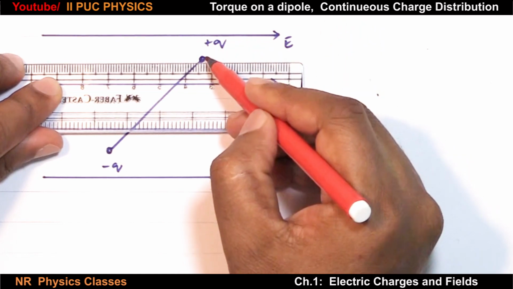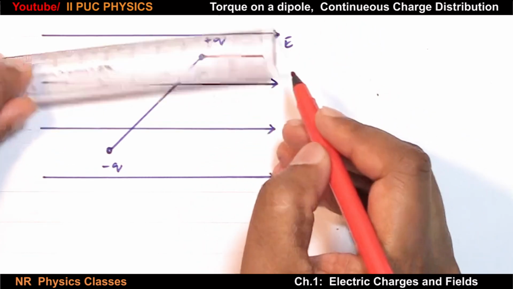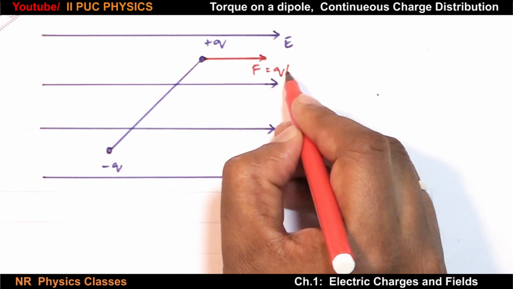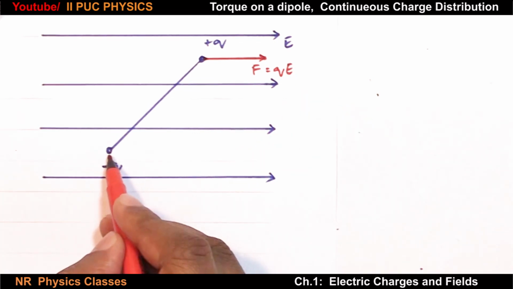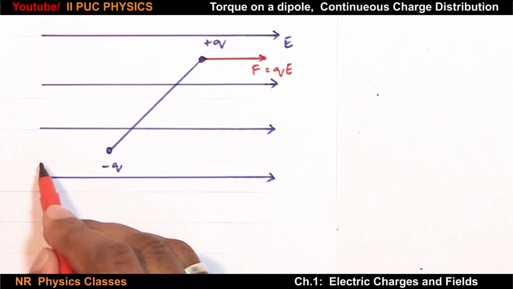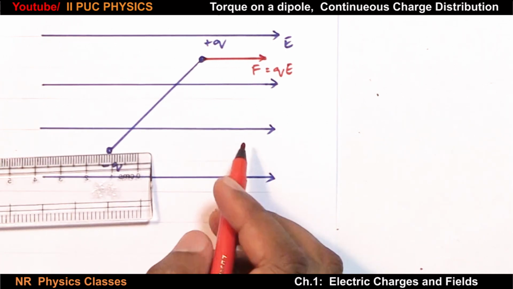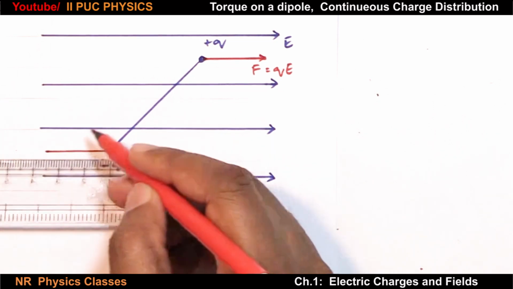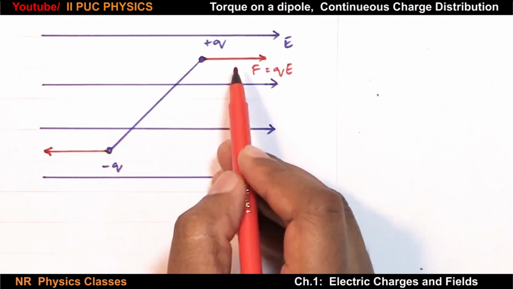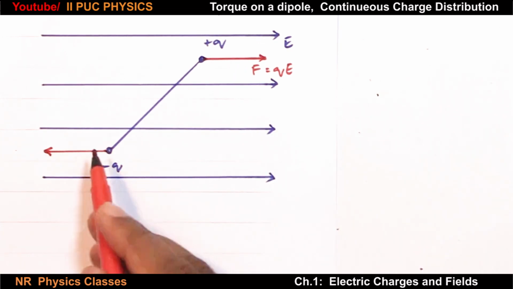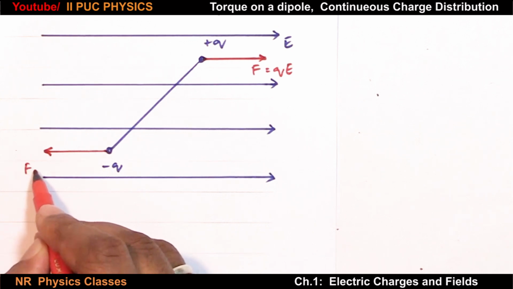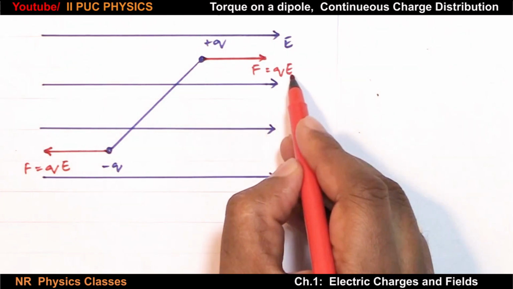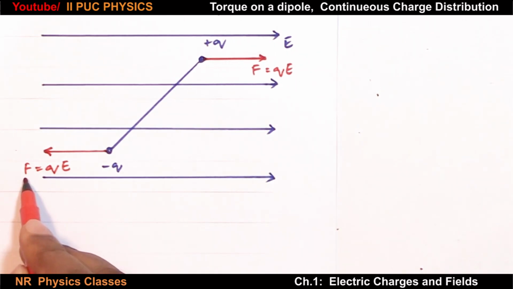So this is the direction of force on Q, and this force is Q into E. The direction of force on minus Q is against the electric field. So this is the force on minus Q. Make sure that the length of this is equal to the length of this, meaning these two forces are equal and opposite, not acting on the same line. QE, because I am just writing the magnitude.